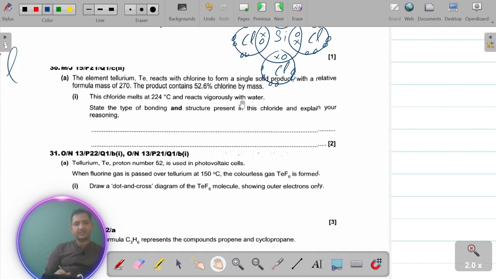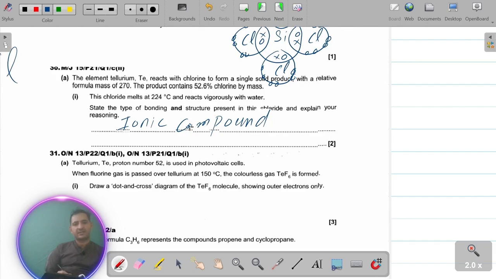What type of bonding is there? It is tellurium and chlorine. Tellurium is a metal, and it has a high melting point, so is it ionic bonding? How do I know? High melting point and reacts with water.